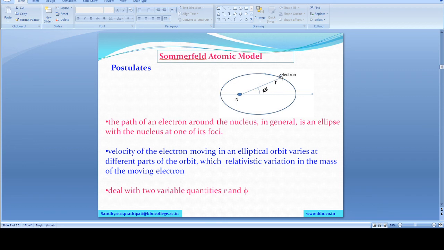So at different parts of the orbit, the distance between these two is different. So velocity may also be different. And also it is a relativistic particle. So mass variation must also be included.